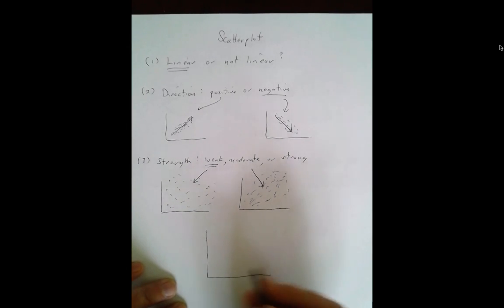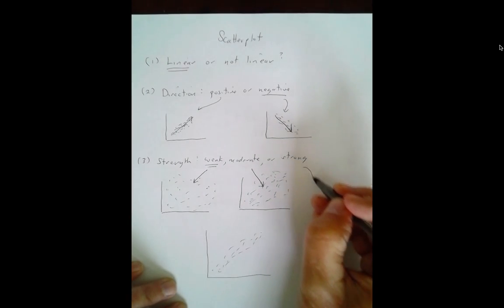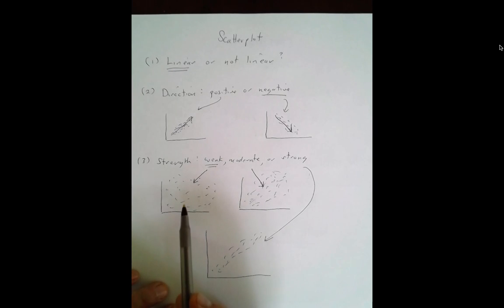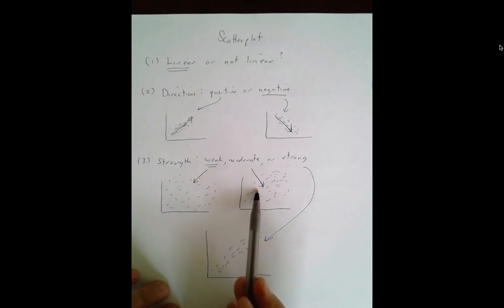Now, a strong relationship, if we visualize that line going through the center of our data, has little variability. So guys, this would be a strong relationship. Now keep in mind that these things can be positive or negative.